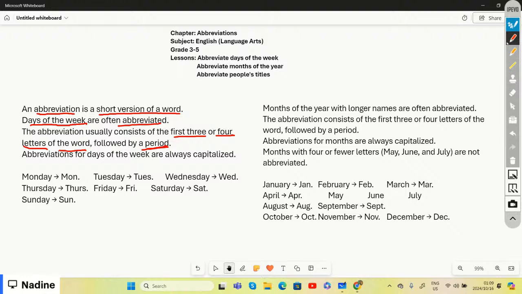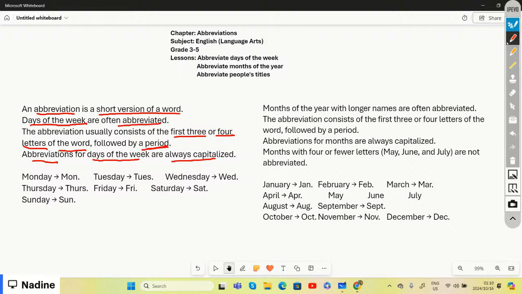Otherwise, we are just writing a shorter version of that word without it actually being an abbreviation. And abbreviations for days of the week are always capitalized.